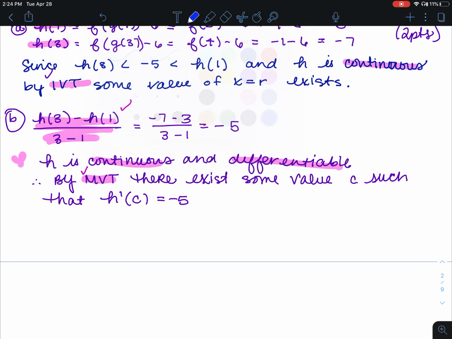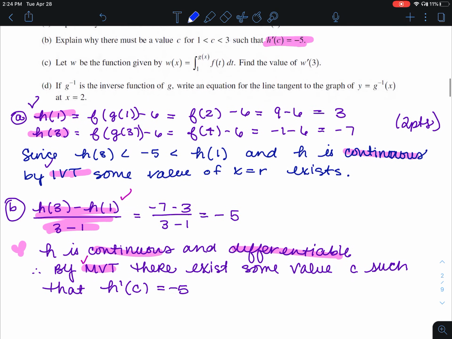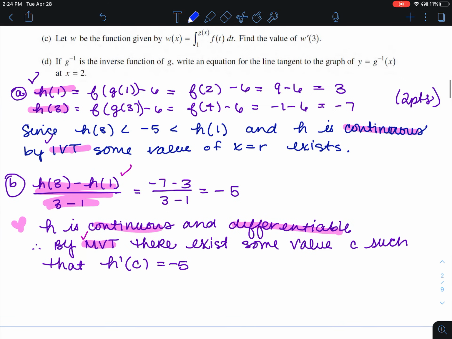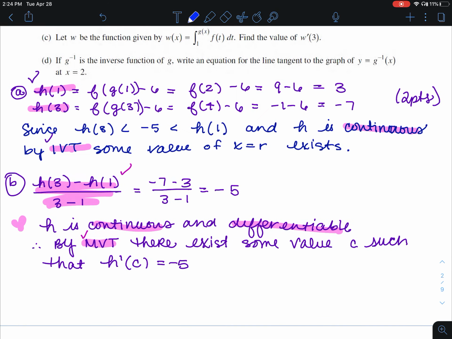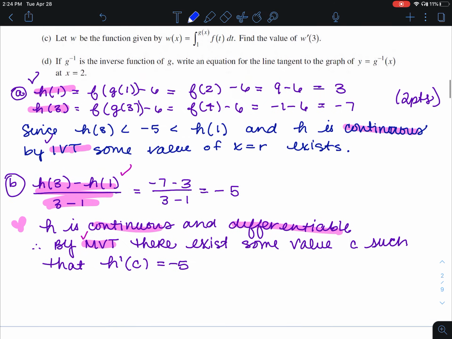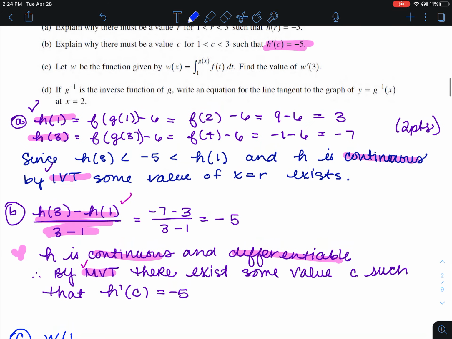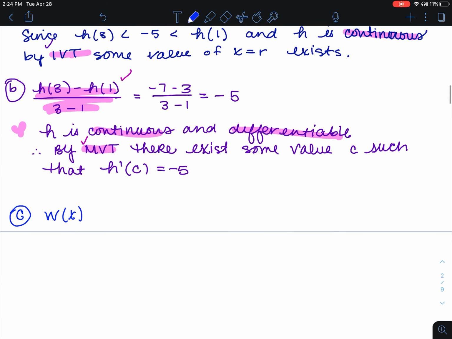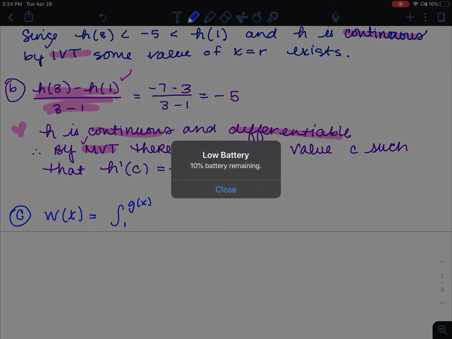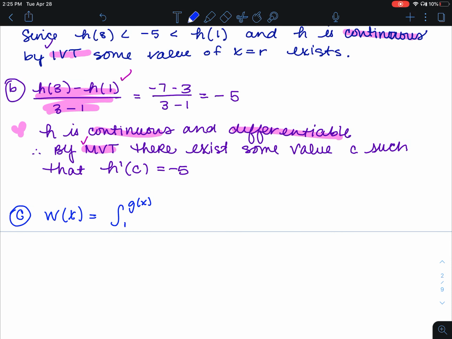All right, next, part C says let W be the function given by W of x equals the integral from 1 to g of x of f of t dt. Find the value of W prime of 3. So for part C, we have this integral expression, 1 to g of x, this upper bound function, of f of t dt. And what we really need to figure out is W prime.